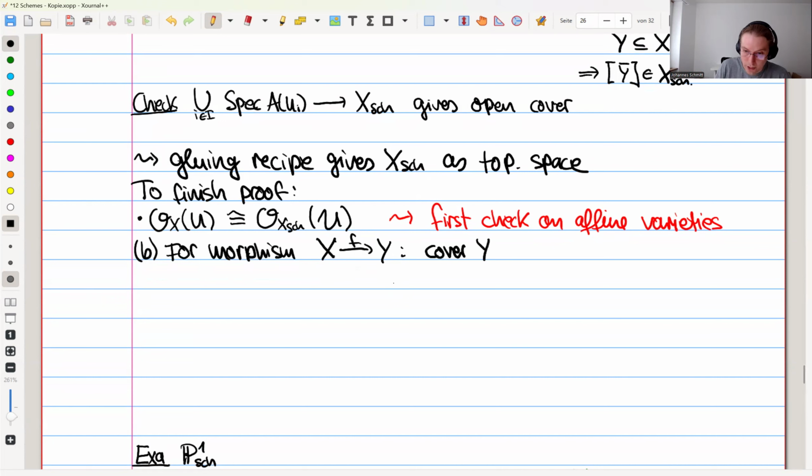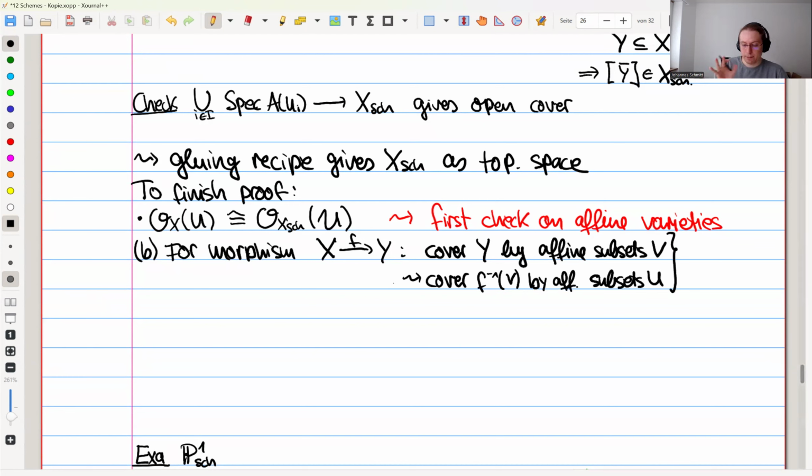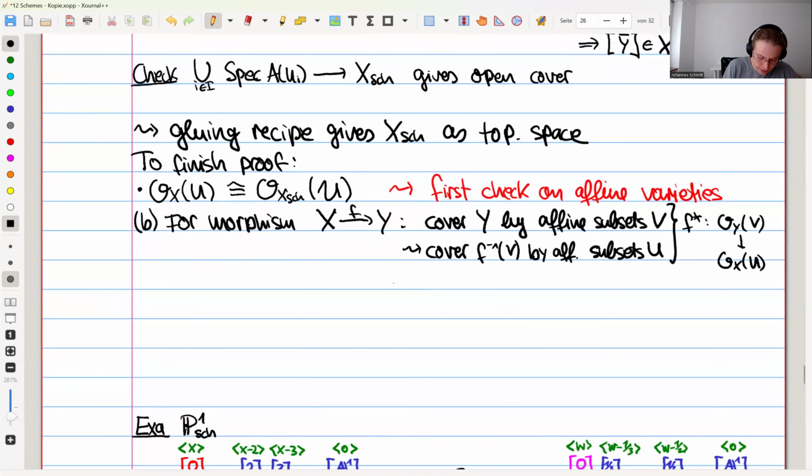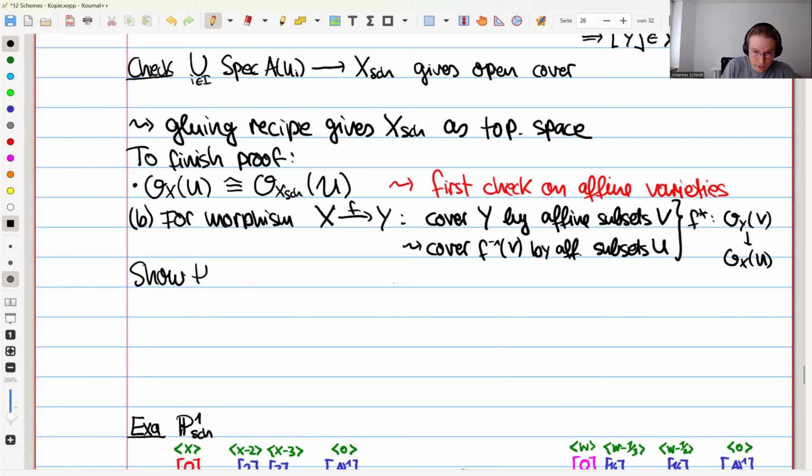So you cover Y by affine subsets V, and then cover this pre-image by affine subsets U, and then you get a map from U to V, and so the pullback gives you a map from OY of V to OX of U. And then now we have a map of rings, and then we're in business, that then we can show that the corresponding maps.